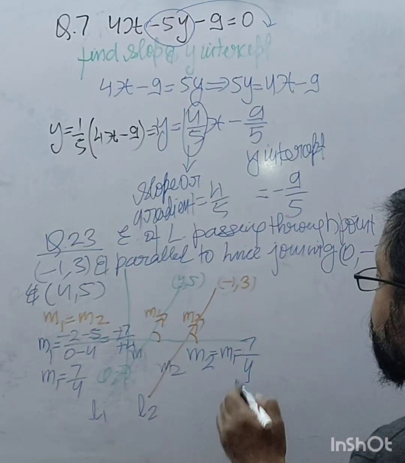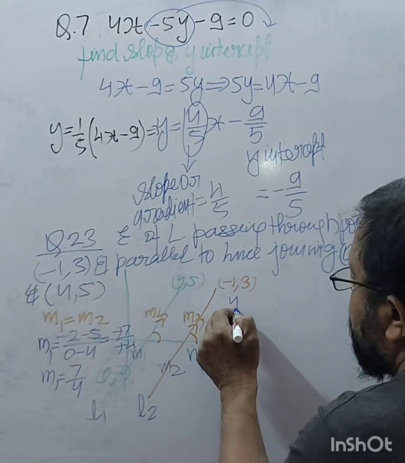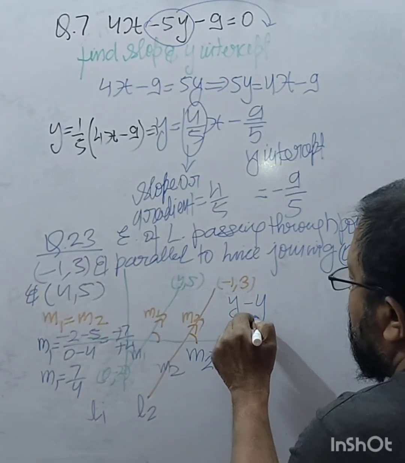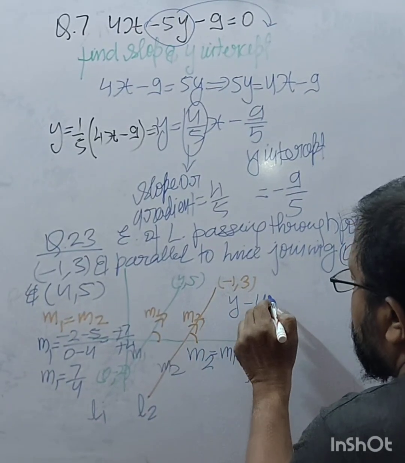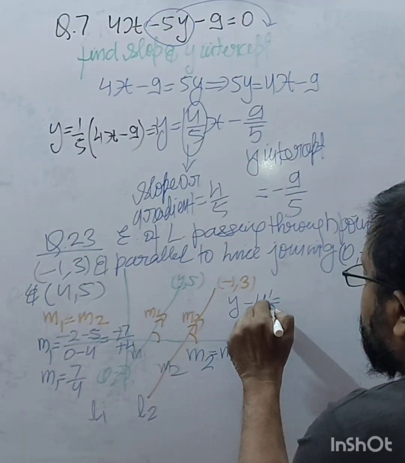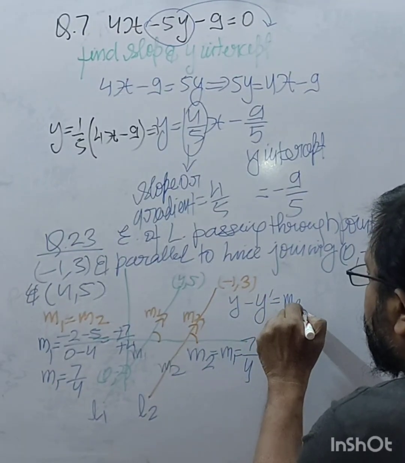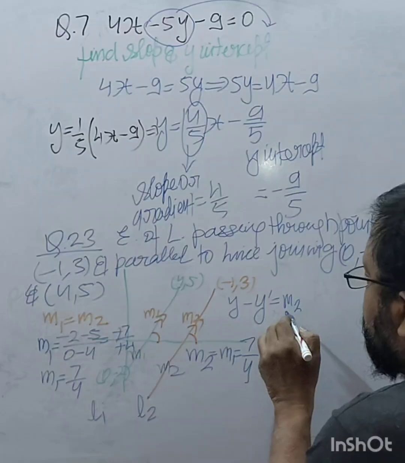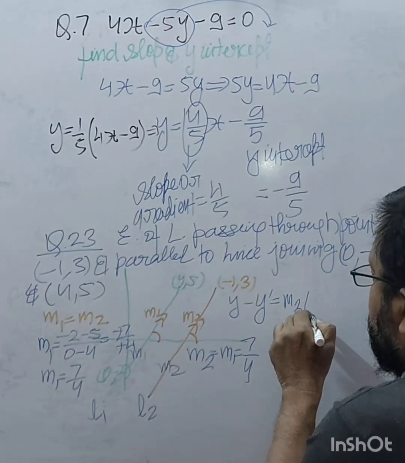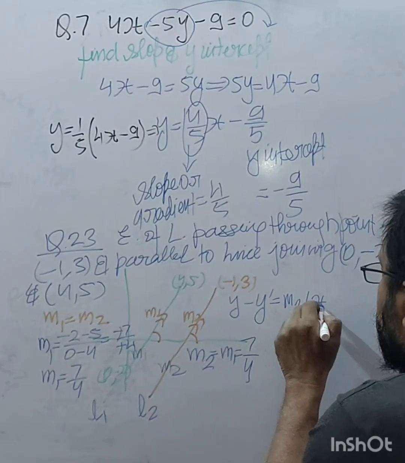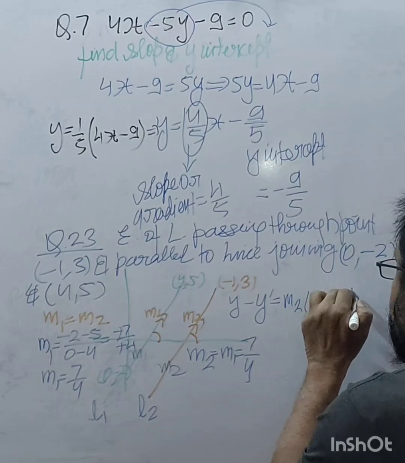Now we have y minus y dash is equal to m2 bracket x minus x dash.